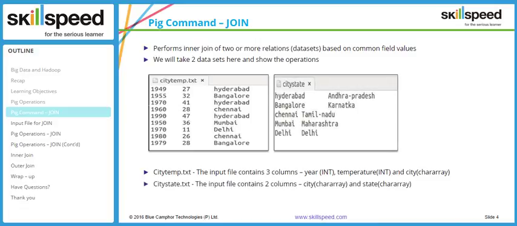In the second data set, as you can see, the first column is the city and the second column is the state to which the city belongs. The idea is to do an inner join between these two data sets so that we can get a final result based on the common column, which is city, and the state will be added to the new data set.